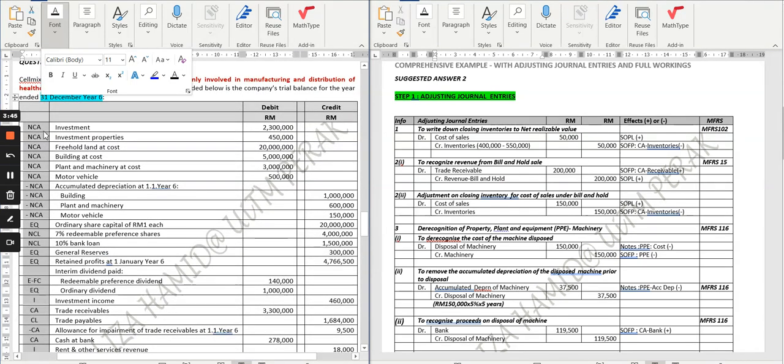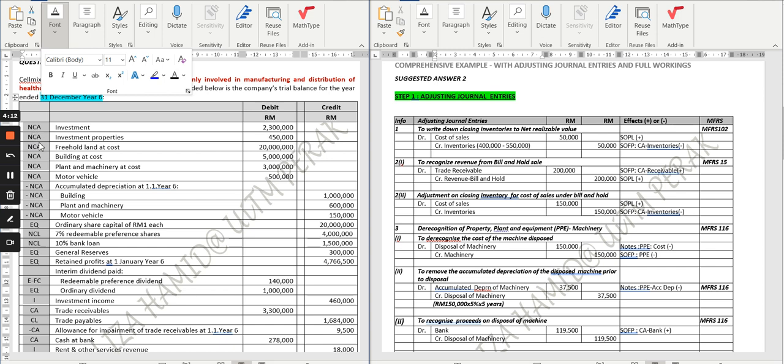Yeah, the non-current asset investment, so that should be in the statement of financial position. Of course, you need to take into consideration if there are any changes to the investment properties, freehold land. This is at cost. Remember, land is not depreciated. Building at cost is going to be depreciated, the non-current asset section here, except for investment property and investment, right?